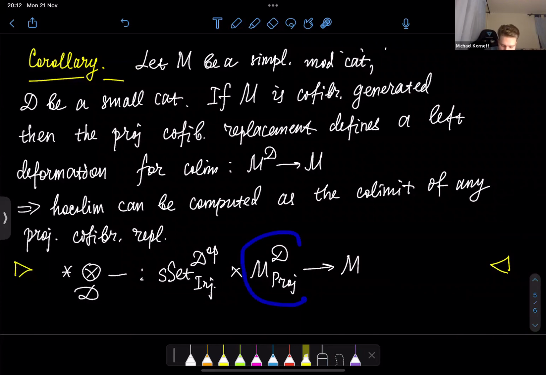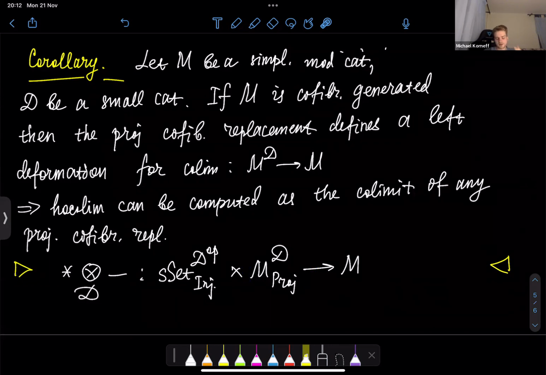And in the second argument, we will have an injective model structure, so we should just have a pointwise cofibrant diagram.